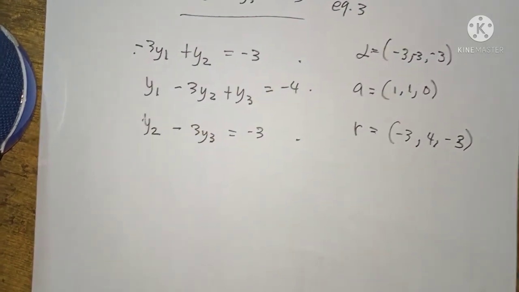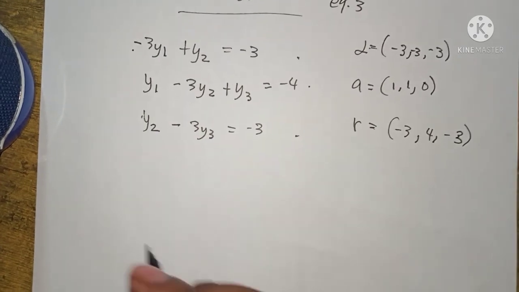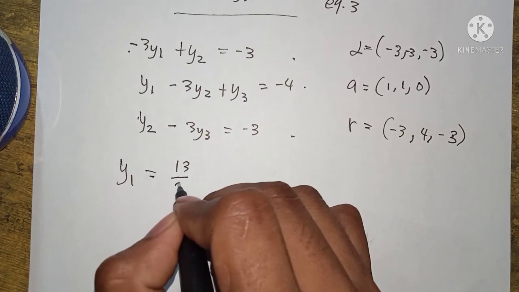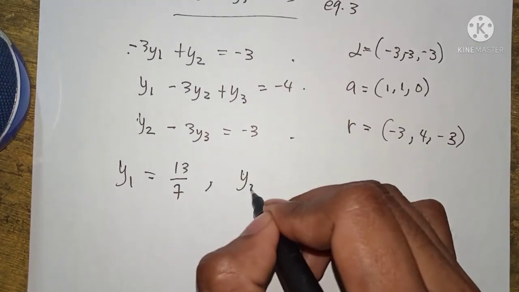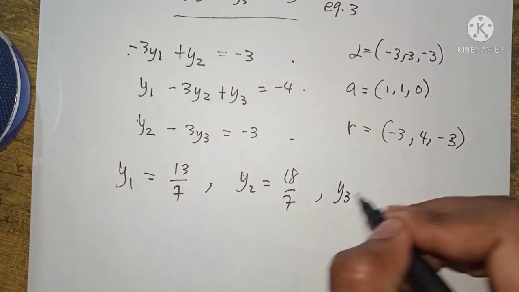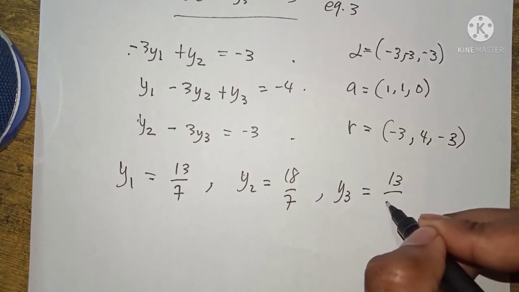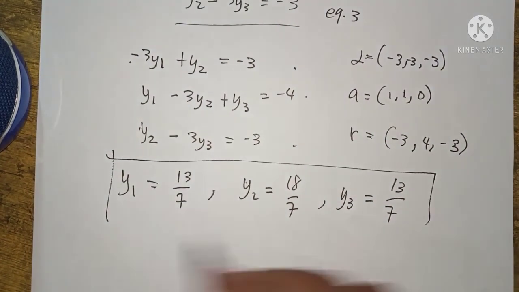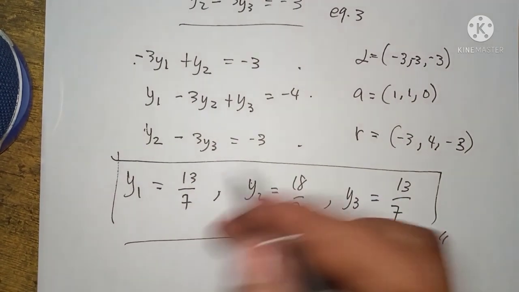Solve this using the formula: y1 is equal to 13 over 7, y2 is equal to 18 over 7, and y3 is equal to 13 over 7. So this is the answer for the finite difference method.